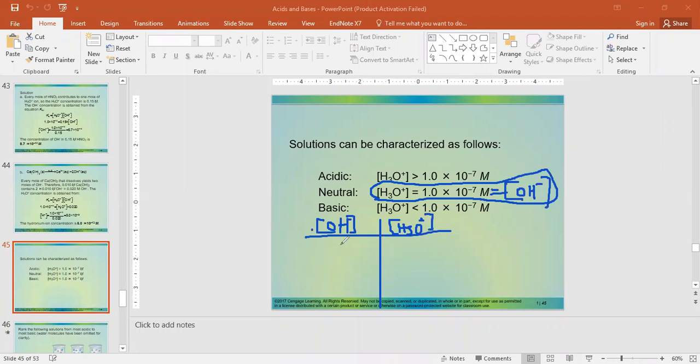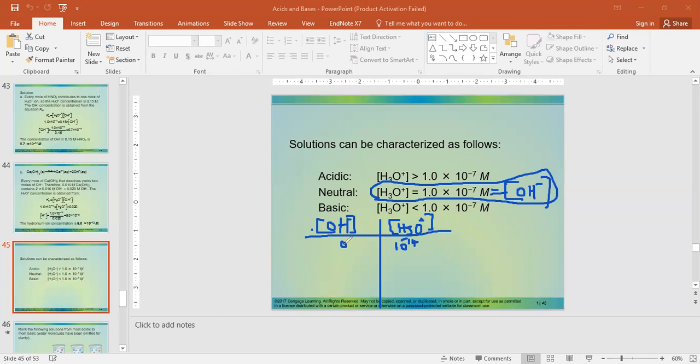Now, if this one is 0, then the concentration of this one must be 10 to power minus 14. So actually you cannot have a 0.